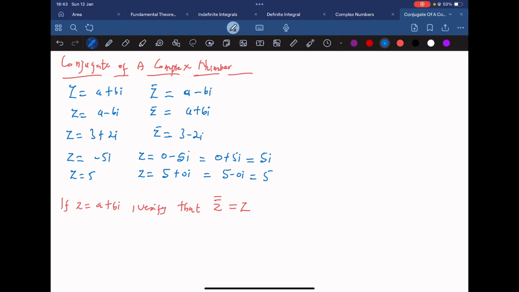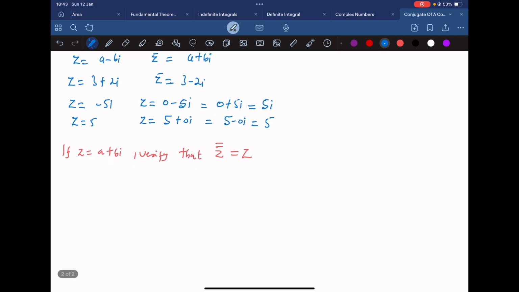So in this case, let's say you have z to be equal to a plus bi, that is given, right? Then z bar will be a minus bi. In that case, if we want to find our z double bar, we just change this to positive, right? So we have a plus bi. So clearly you will see that this right here is the same as what we have over here. So it means that z double bar and z is always the same.